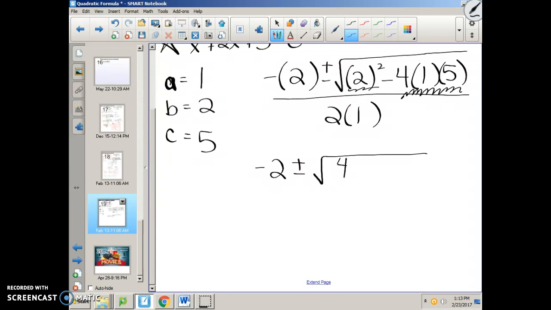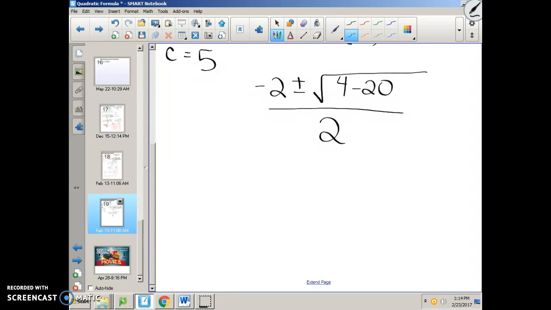Minus 4 times 1 times 5, negative 20, all divided by 2. Negative 2 plus or minus the square root of negative 16 divided by 2. 4 minus 20 is negative 16.